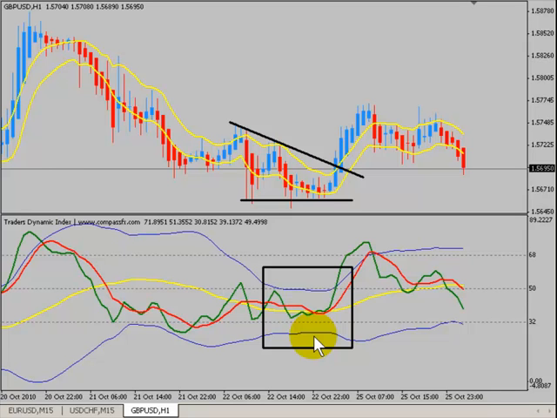There are also times in the late Asian session that the market will go flat again like this before the European Open, and that gives you an opportunity to be prepared and logically plan out whether it goes long or goes short. You can be prepared for a potential breakout of the price action matched to the Trader's Dynamic Index blue volatility bands.